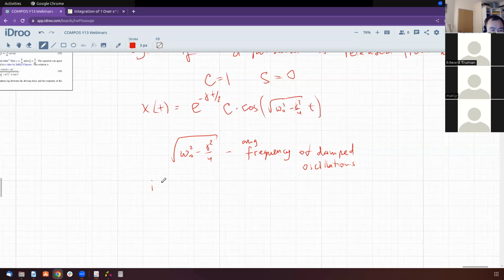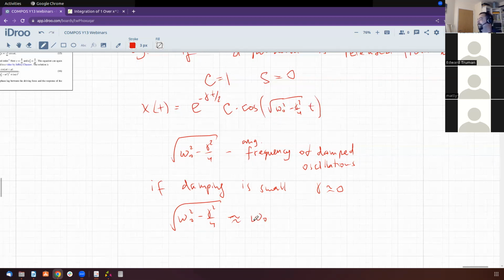If damping is small, that means gamma is approximately 0. That means omega 0 squared minus gamma squared over 4 is approximately omega 0. You see what it is?